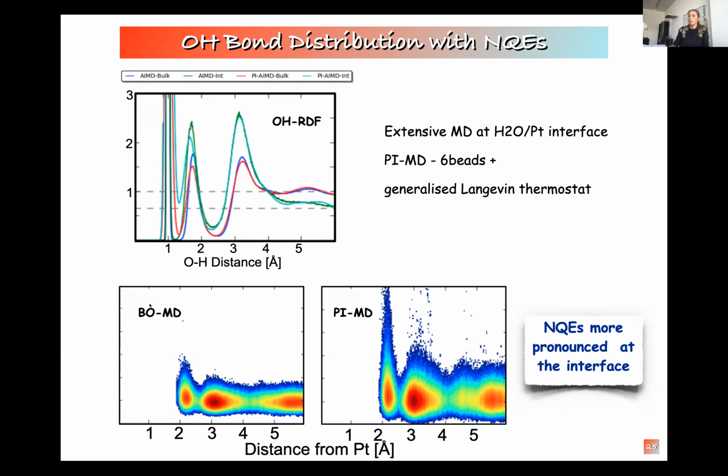You see that in Born-Oppenheimer dynamics there is some fluctuation, obviously a little bit enhanced in the close vicinity of the interface, but this is much more relevant if we use path integral. This happens at the interface and much less in the bulk water. As I said, 6 beads.